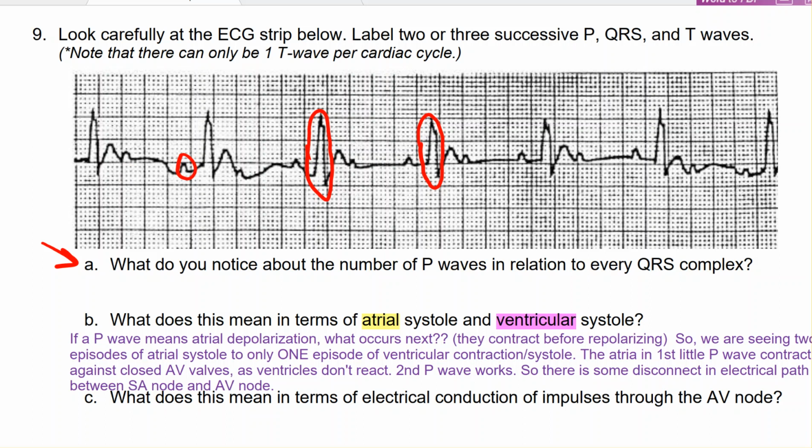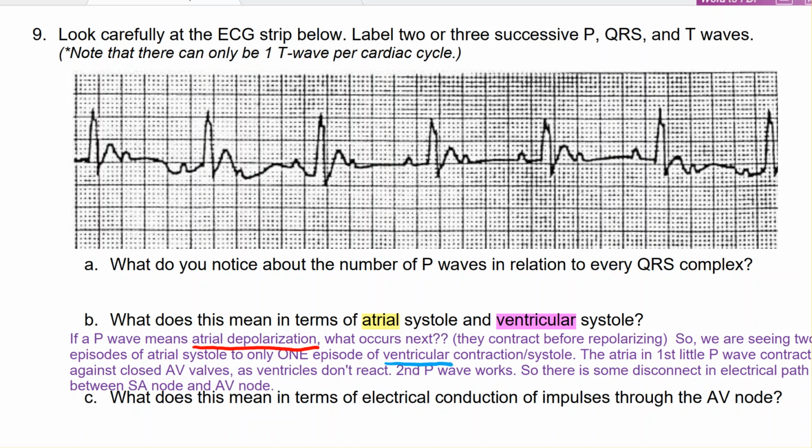And then you'll draw some inferences and answer the following questions. I'm not going to give it away, but I want you to think about, remember that P waves indicate atrial depolarization, right? And then the QRS complexes indicate ventricular depolarization.